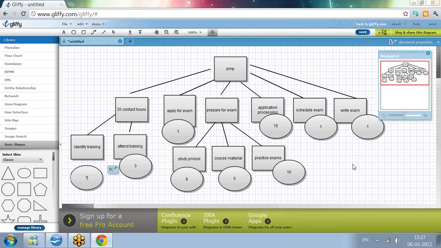So without a work breakdown structure, we will not be able to achieve plus or minus 5% accuracy in our estimates. So once this much is done, the next step is decomposing these work packages into activities. For identifying trainer, I can decompose it further into activities, like get the proposals, evaluate the trainer.